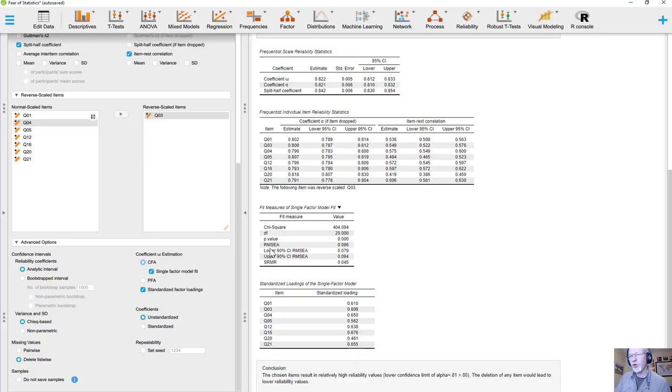I mentioned this before in another video that the RMSEA is one of the most used measures. And what you typically want is for that RMSEA to be below 0.08. As you start to drift over 0.08, that indicates that the model is not fitting well.